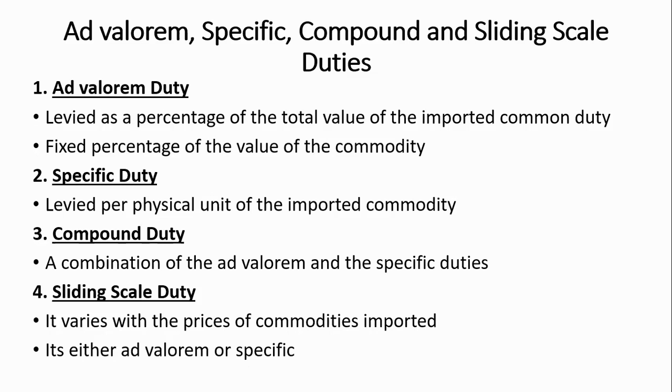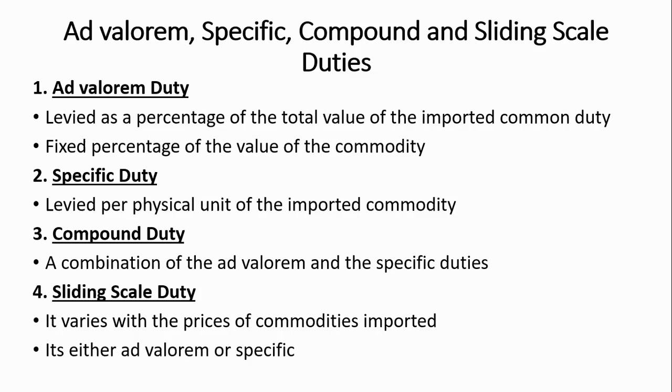It is levied as a percentage of the total value of the imported commodity, at a fixed percentage of the value of the commodity. Value means CIF, cost plus insurance plus freight value of the commodity. Usually it is levied in percentage only, for example, 25%, 50%, and so on of the total value of the commodity.